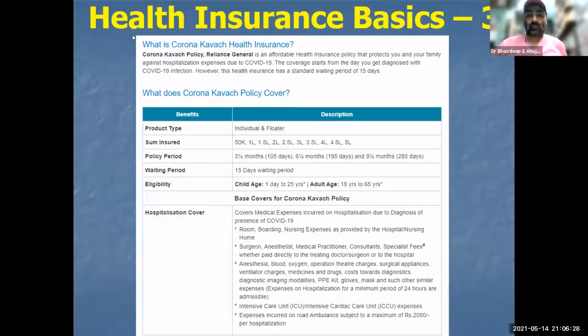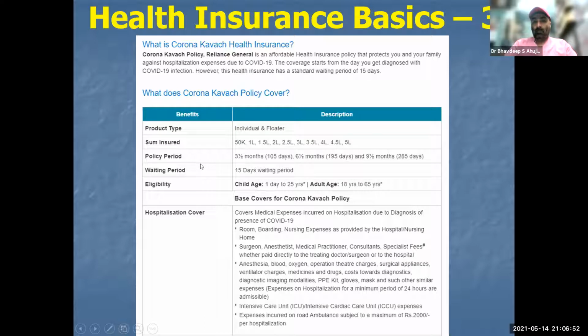One of the commonest policies which gained quite a lot of favor was the Corona Kavach policy by Reliance General. It was usually offered at 1% of the premium. 50,000 was covered at 452 rupees. The coverage started the day you're diagnosed, but this had an initial waiting period of 15 days.